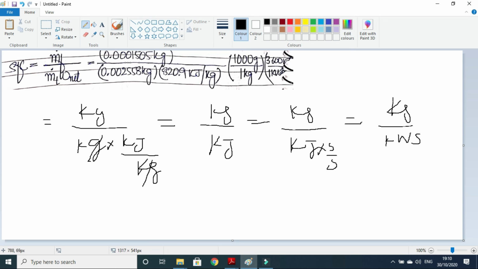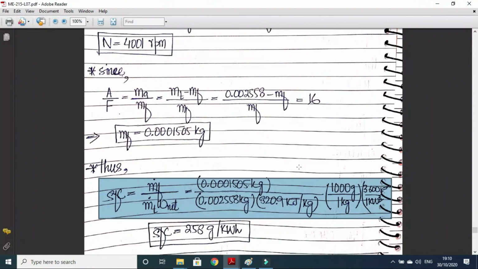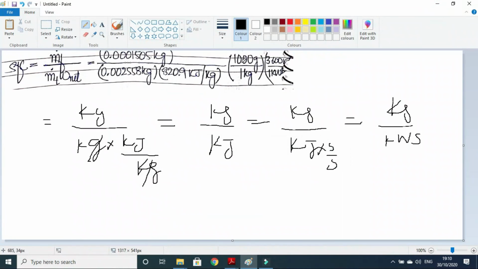In order to bring kilogram to gram, we have multiplied by 1000, because the answer is in gram. So it will become gram per kilowatt. Now we need to convert second into hour.